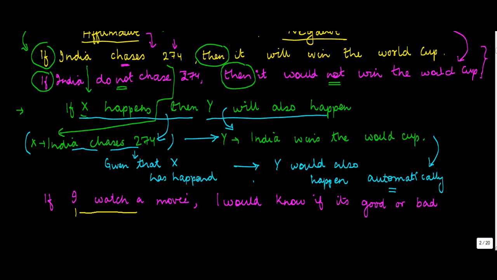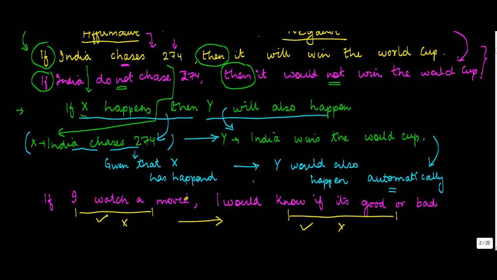I watch a movie. Y is what? Knowing if it is good or bad. So once I have watched a movie, assuming I didn't sleep through it, because that is also what happens with many people, then I would know if it is good or bad. So if this has happened, this follows automatically. There's really nothing further that is required to be done.